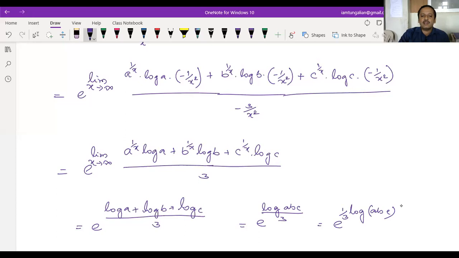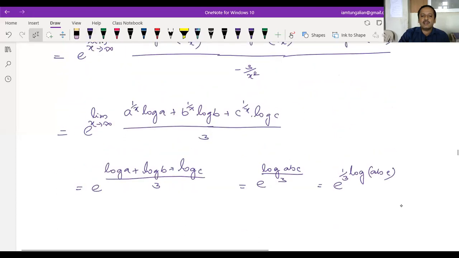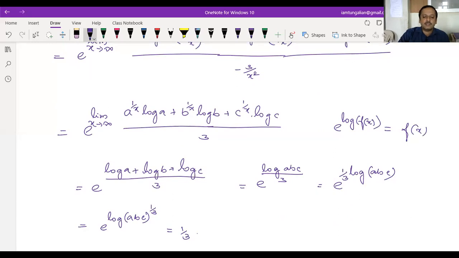Now it looks like n log m. n log m can be written as log m power n. So this will be log abc to the power 1 by 3. Sorry, this is not 1 by 3.